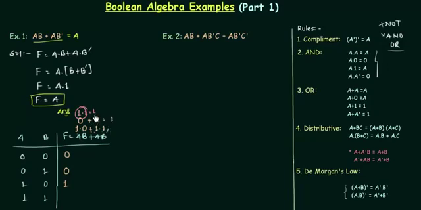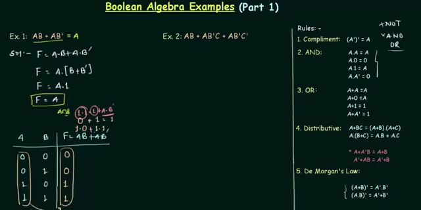Once you have anything ORed with 1, I'm not going to evaluate the other term, A and B complement, because whatever the value of this term, we have output as 1 because it is ORed with 1. So the output is 1. Now you can easily compare that A is 0, 0, 1, 1, and f, the function output, is also 0, 0, 1, 1.